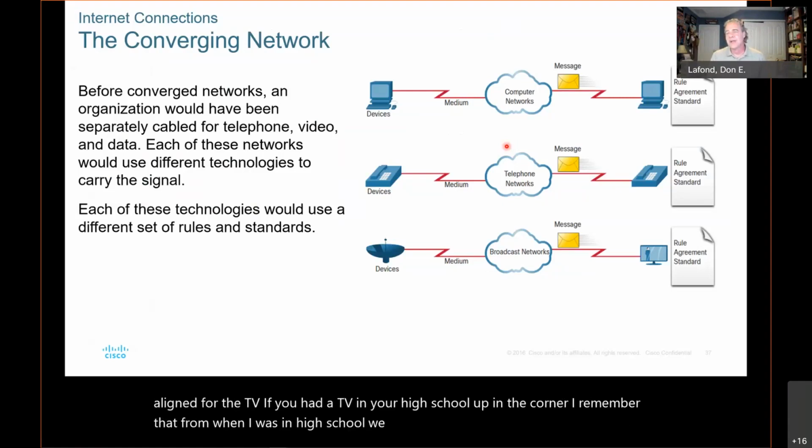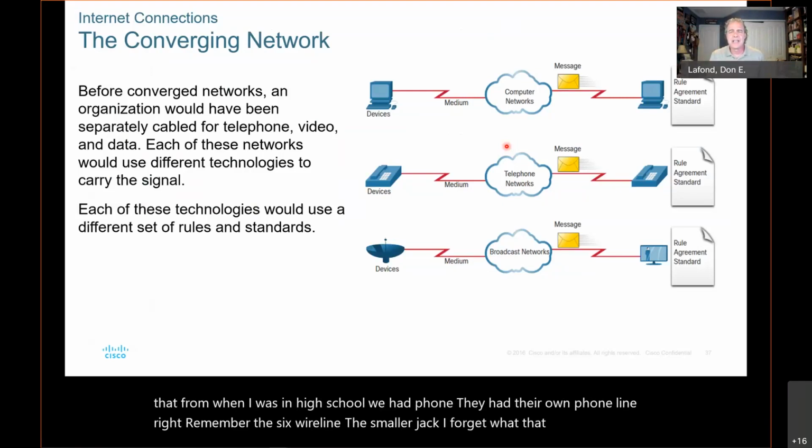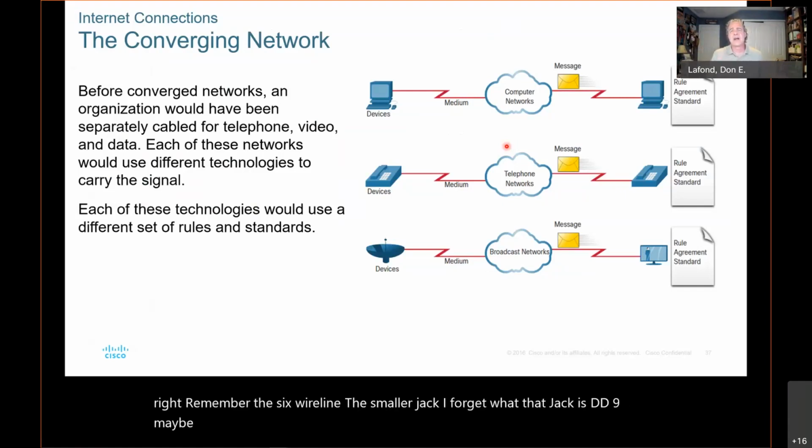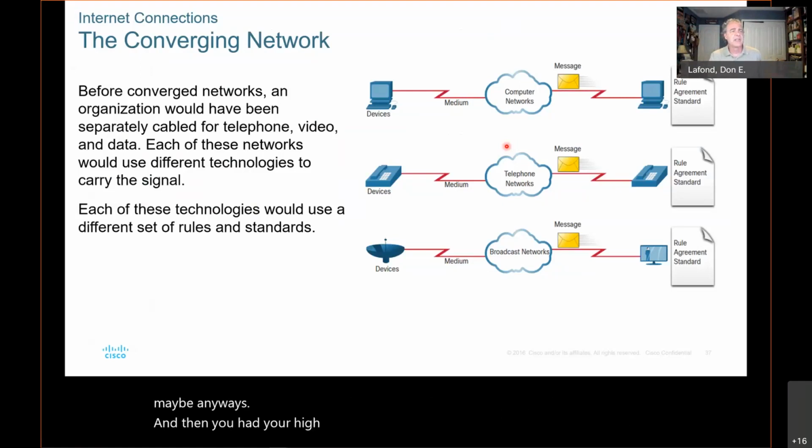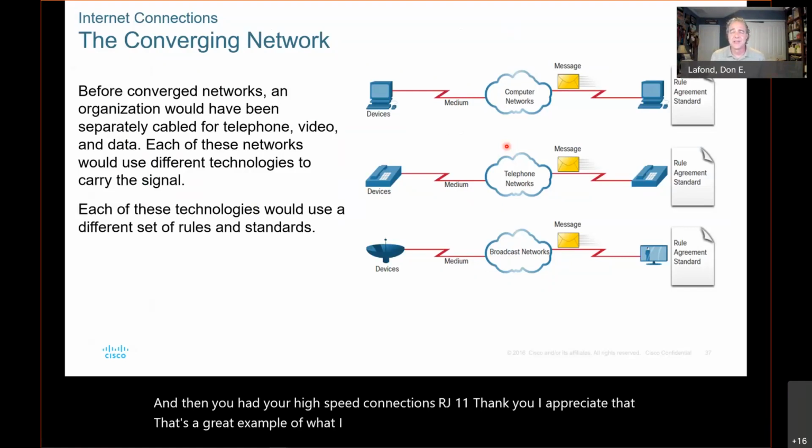They had their own phone line, right? Remember the 6-wire line, the smaller jack? I forget what that jack is. D9 maybe? Anyways, and then you had your high-speed connections. RJ11, thank you. I appreciate that. That's a great example of what I was hoping for from you guys, Peter. Thank you.